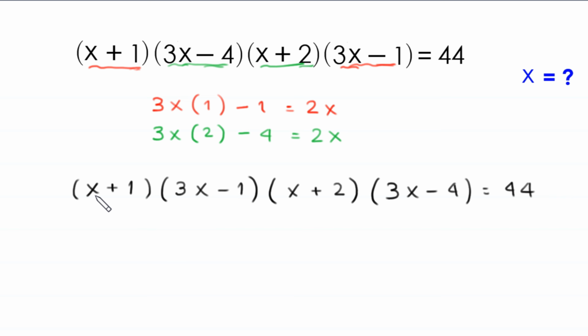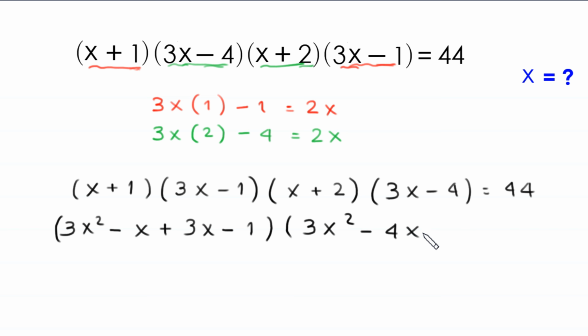Expand these two terms: x times 3x is 3x squared, x times negative 1 is negative x, 1 times 3x is plus 3x, and 1 times negative 1 is negative 1. Times x times 3x is 3x squared, x times negative 4 is negative 4x, 2 times 3x is 6x, and 2 times negative 4 is negative 8, equal to 44.